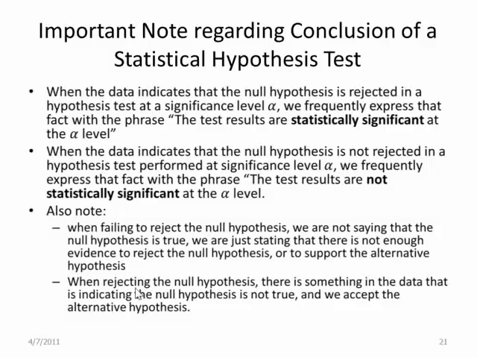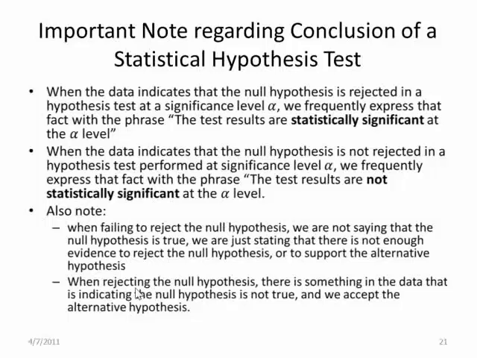One point of clarification that I would like to make regarding the conclusion of a statistical hypothesis test, and I want to make sure that we are very clear on the conclusions that we make.